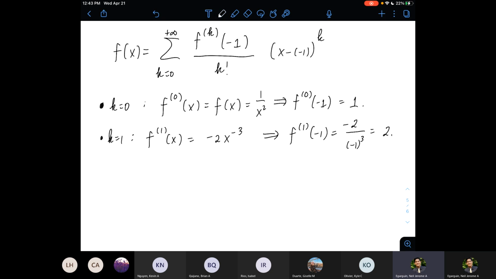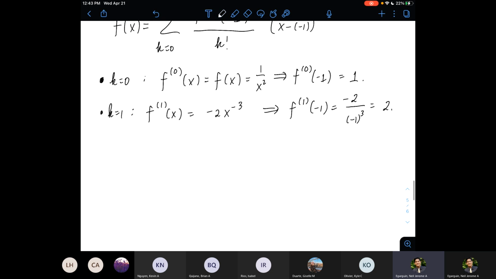All right. Kindly double check my arithmetic here because we want to get the correct pattern. So I hope you will check it. What happens when k is equal to 2? When k is equal to 2, the second derivative will be 6, or maybe I should write it as -2 times -3 x to the minus 4, right?